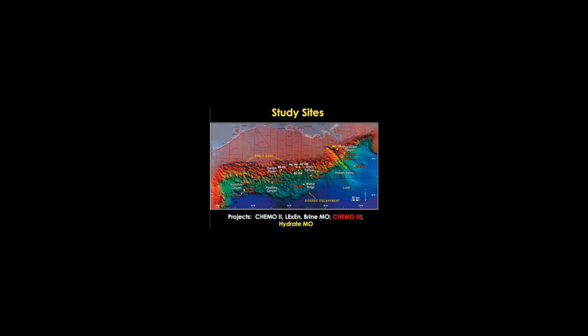This depth range specifically places chemosynthetic communities in the deepwater region of the Gulf of Mexico, which is defined as water depths greater than 305 meters, 1,000 feet. Chemosynthetic communities are not found on the continental shelf, although they do appear in the fossil record in water shallower than 200 meters, 656 feet.